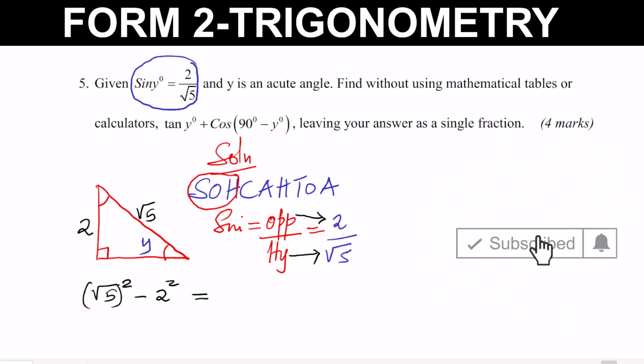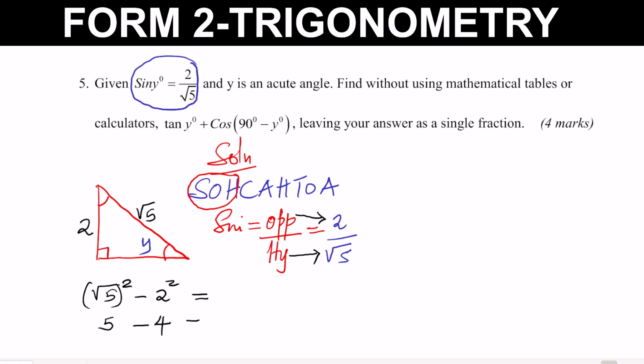Root of 5 squared gives 5, then 2 squared gives 4, so this gives 1. Then you need to get the square root of that. Don't forget that. The square root of 1 is 1. So this side is 1.